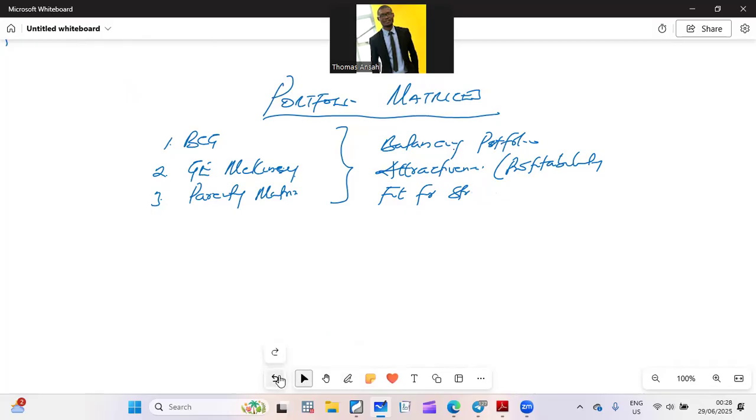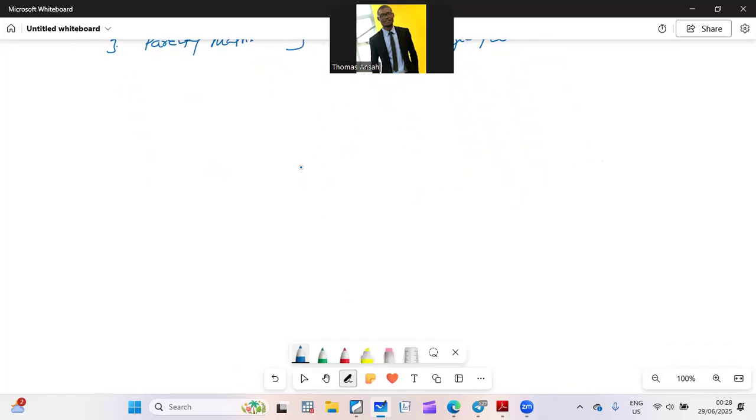Strategic fit. All right, so basically that is that. So let's look at the BCG box, or the product portfolio matrix, or the BCG matrix, the same thing. The BCG matrix analyzes portfolio balance using market growth and relative market share. So let's look at the BCG.